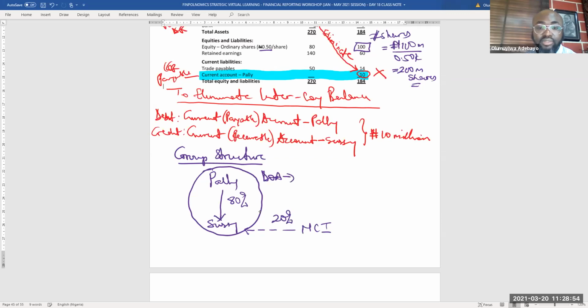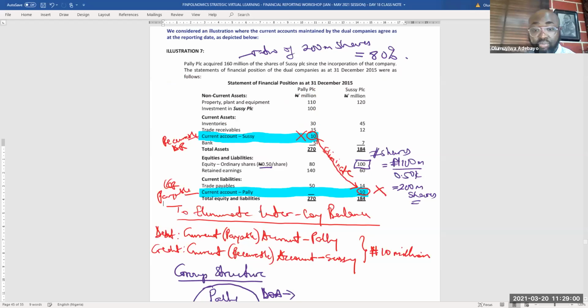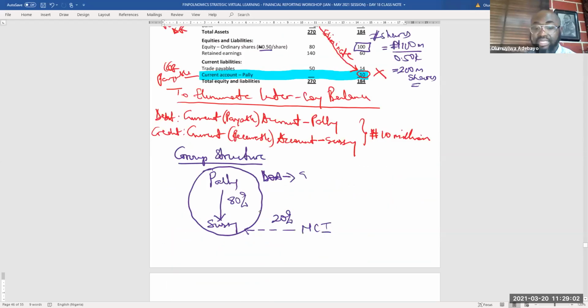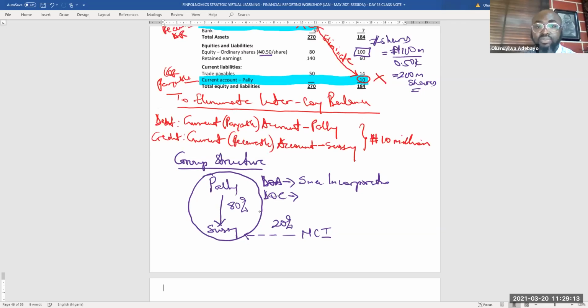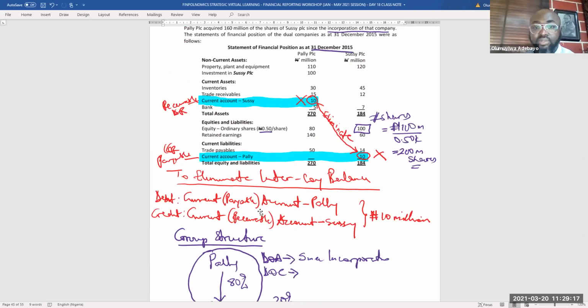Date of acquisition, since incorporation. Remember the implication of since incorporation the other time? And we are consolidating as at the reporting date, 31st of December, 2015.